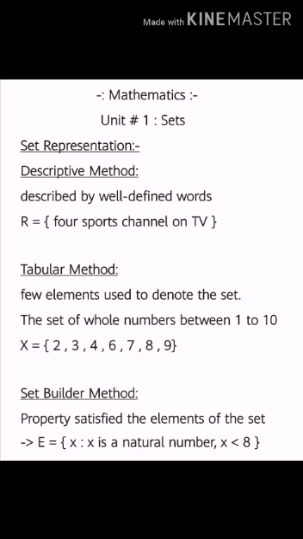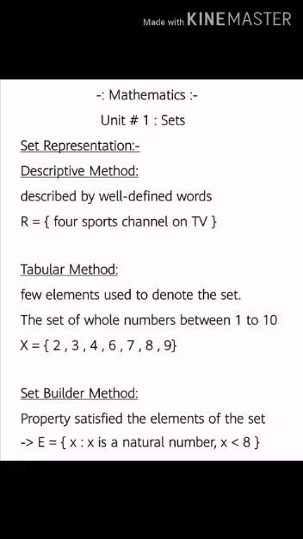This symbol of 2 dots stands for "such that". We can read it as A is the set of elements x such that x is a natural number and x is less than 8.